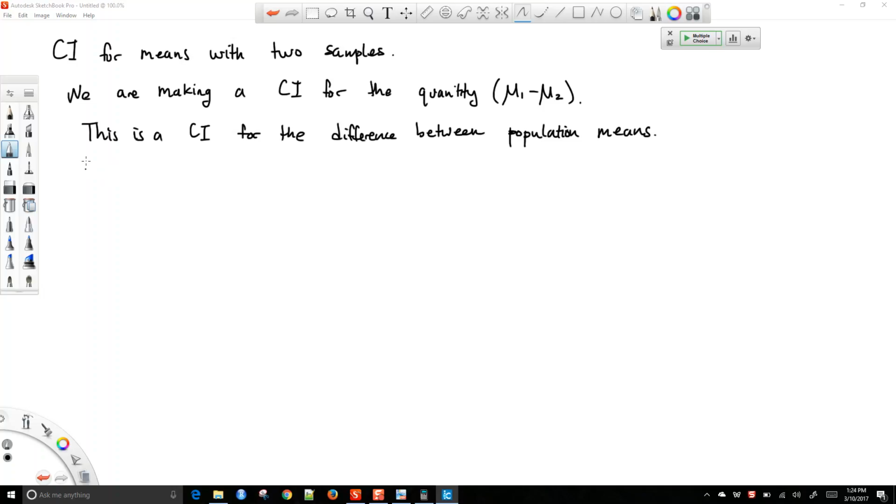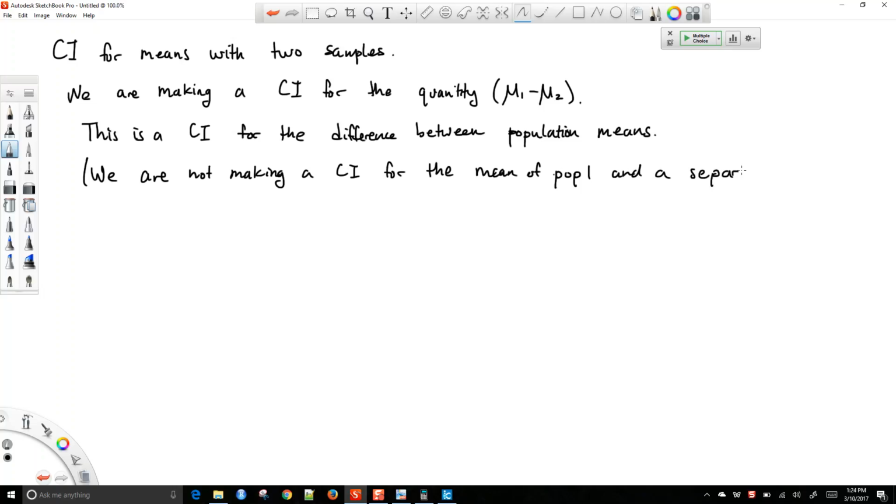So let me just note that. We are not making a confidence interval for the mean of population 1 and a separate CI.